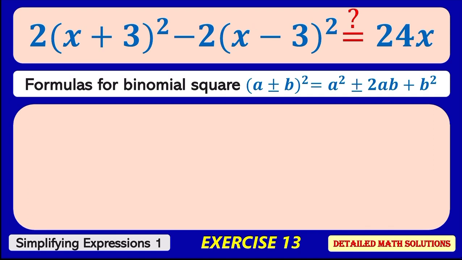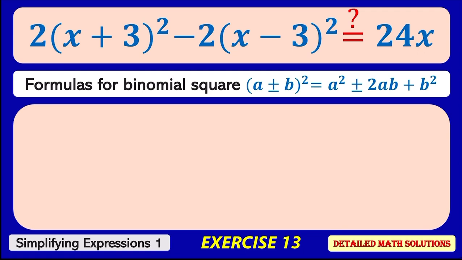And next, I'm going to show how to simplify the second expression and see if it equals 24x. To simplify it, again, I'm going to use the formulas for binomial square, similar to the prior example, and expand the binomials (x + 3)² and (x − 3)².